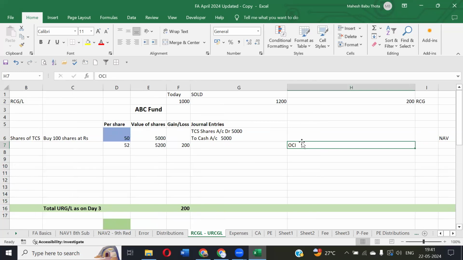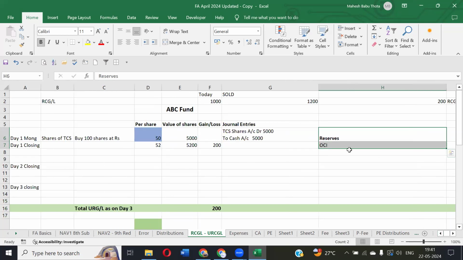This other comprehensive income is also part of reserves. You know what reserves are, right? Under the reserves category, we have securities premium, provisions, reserves. All this will be part of reserves only. So are we going to consider these reserves for calculating NAV?